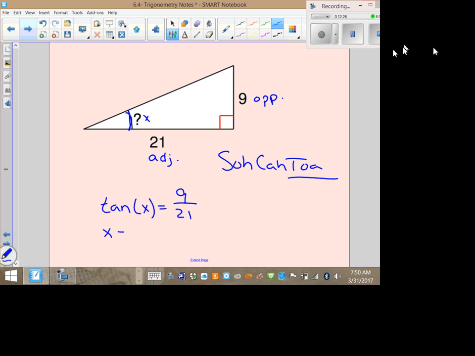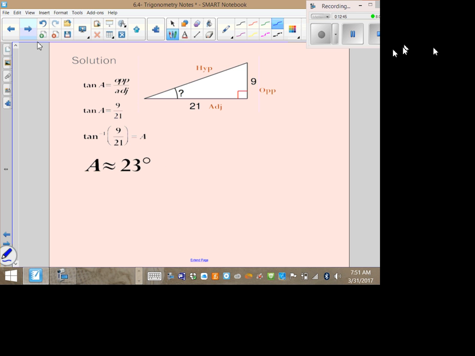So then I'm going to take the inverse of my tangent of 9 over 21. And that's going to give me my angle to be 23.199 degrees. So approximately 23 degrees there.